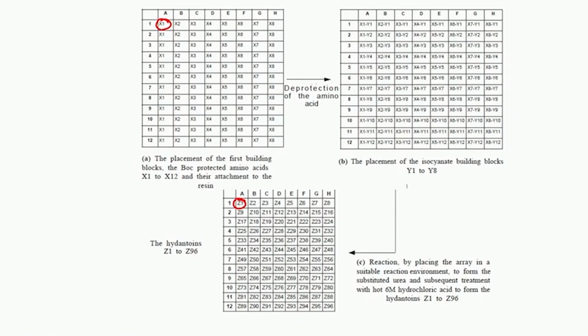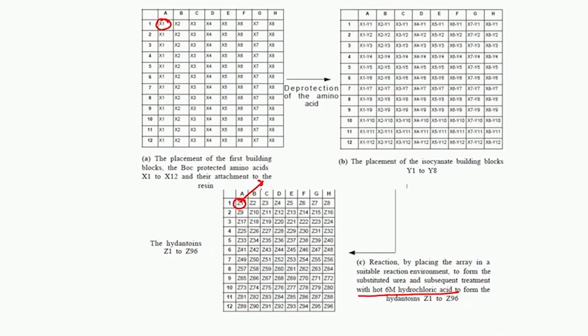The first step is adding the Y1 to the X1, and then you apply some reaction condition, like heating with hot 6 molar HCl. This is a particular type of combinatorial chemistry where you are making hydantoins. What I am trying to say is that each well has only a defined compound, and you know the structure of that compound.